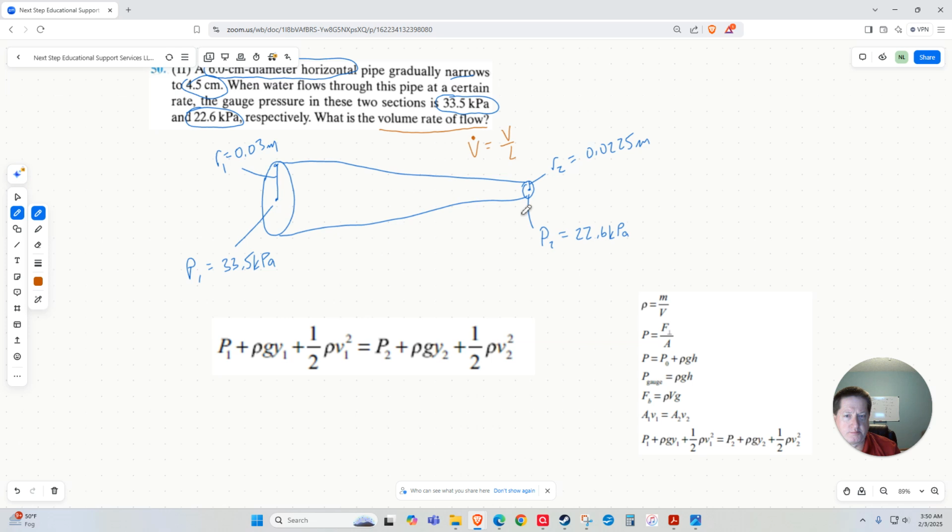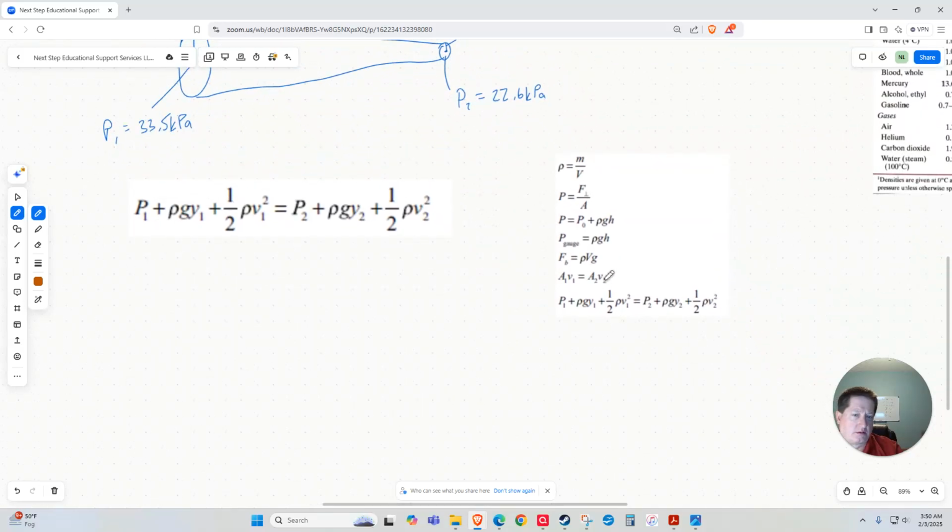But that's a volume per time, which can also be expressed, since volume is length times an area, as a velocity times an area. If you break this volume up into an area times a distance, that's a distance per time times an area. So that's a velocity times an area, which you may recognize from our continuity equation down here. So we're going to be using this equation as well in this problem.